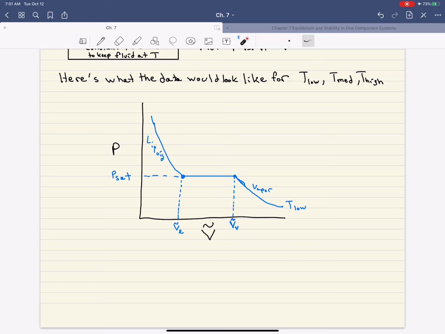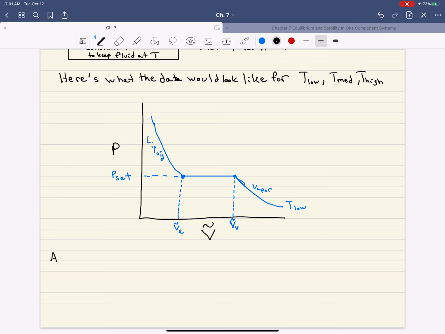As we increase the temperature of the system just a little bit, we would expect to see the same sort of curve, but what we would see is that the distance between the molar volume of the vapor and the molar volume of the liquid would decrease. Okay? So I'm going to write all this out.